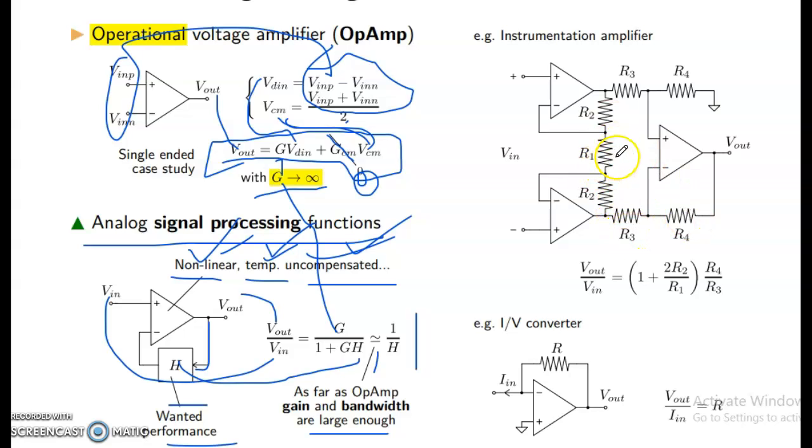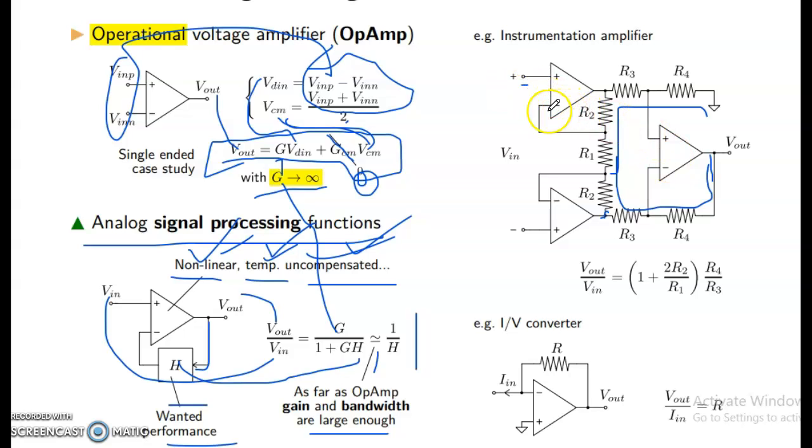Here also R1, R2, R3, R4 are connected to the output, and this output is connected, and this input is also connected. Here V in, first op-amp, second op-amp, third op-amp.